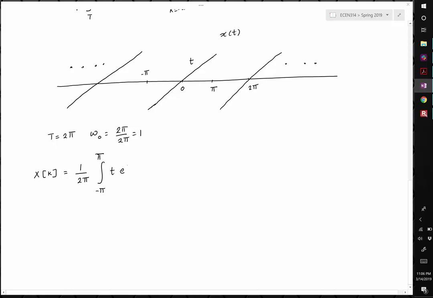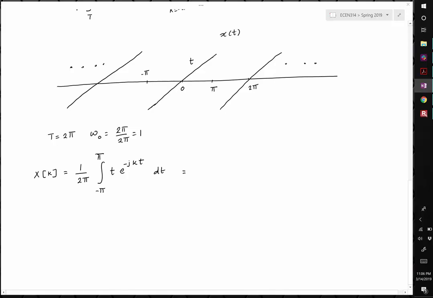So the Fourier series coefficients can be computed as t times e to the negative j k omega naught times t, but omega naught is 1. I'll write it as omega naught times t, and then we'll substitute omega naught equal to 1. So we just simply get t times e to the negative j k t dt. This integral can be computed easily, except that you'll need to use the method of partial fractions.